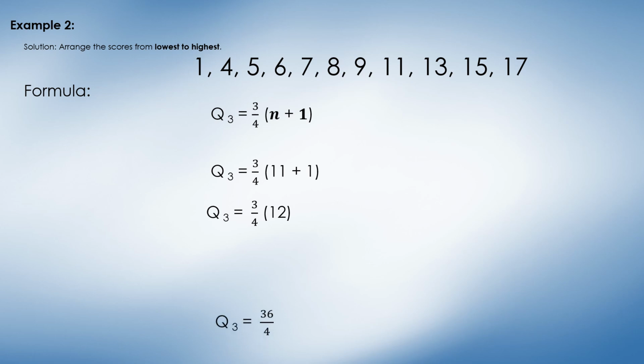So 36 divided by 4 is 9. So our ninth term, so this is first, second, third, fourth, fifth, sixth, seventh, eighth, ninth. So our ninth term is equal to 13. Therefore, our answer for the third quartile is equal to 13.